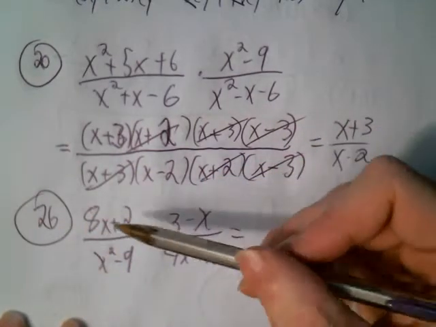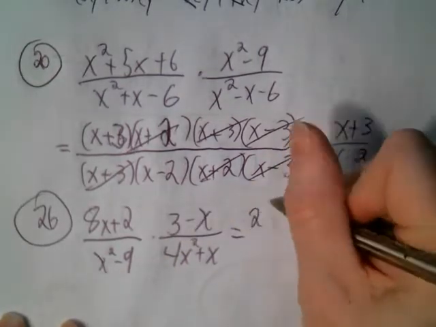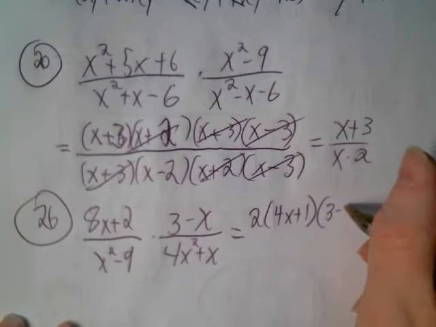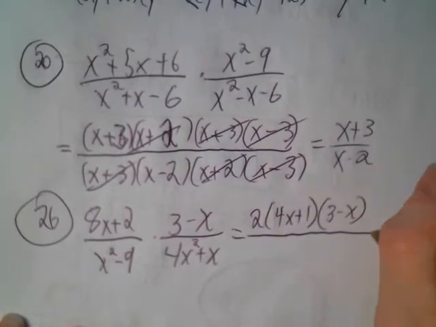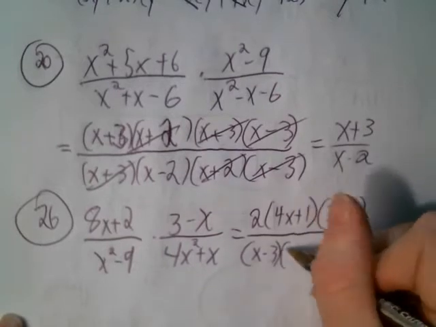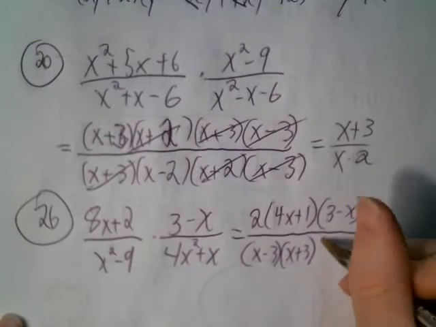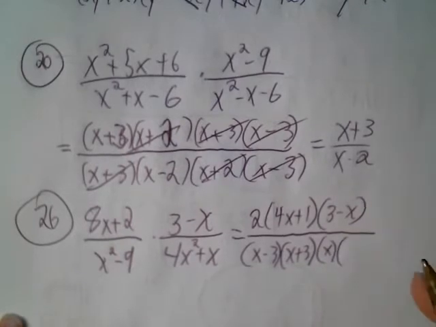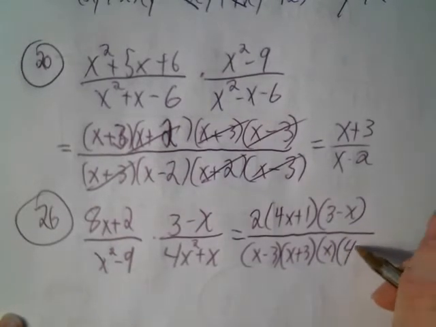This guy looks like it has a GCF of 2. Downstairs, this is a difference of squares, so x minus 3, x plus 3. And then this guy I can factor out an x. And I'm left with 4x plus 1.